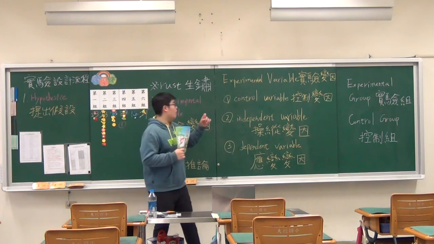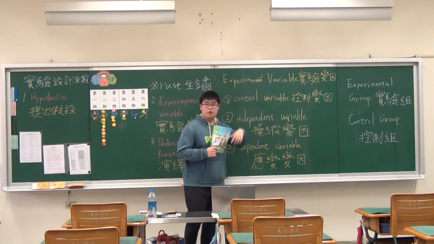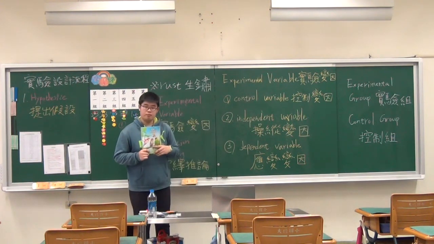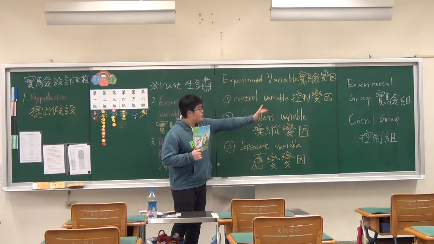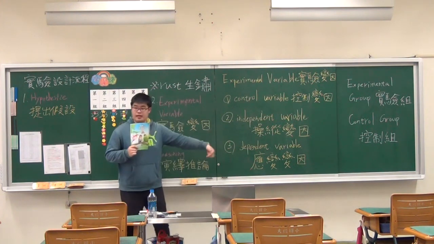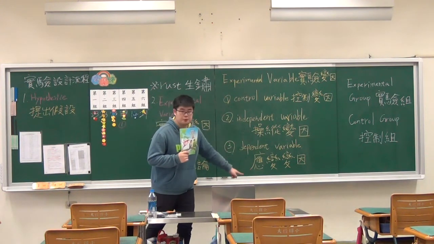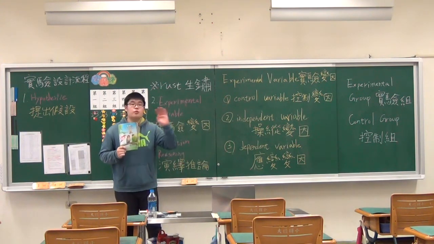That's right, they are all control variables. And now the independent variable: the experimental group you designed to put some water on it, and the control group you designed not to put water on it.